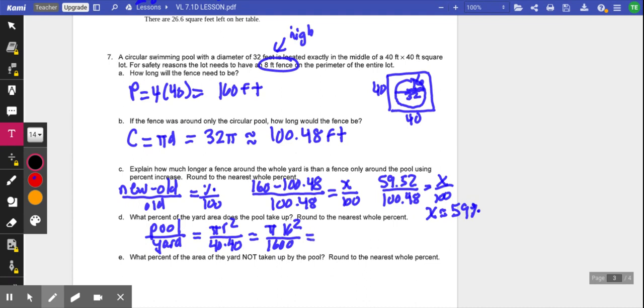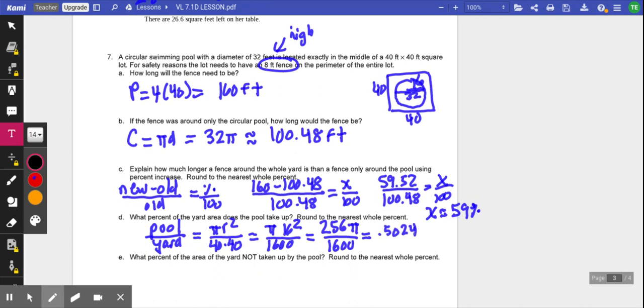16 squared is 256. So I'm going 256 times pi. So I'm going to use 3.14. Then I'm going to divide by 1,600. And when I do that, I get about 0.5024.